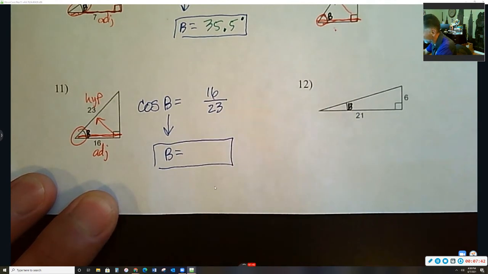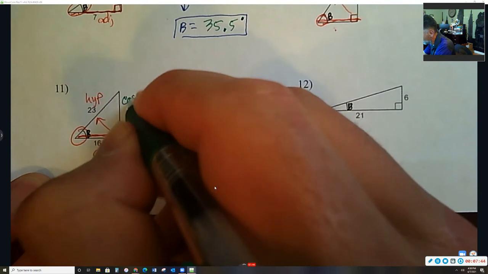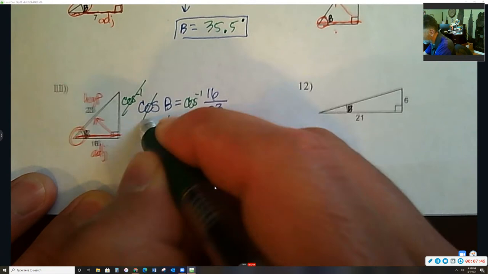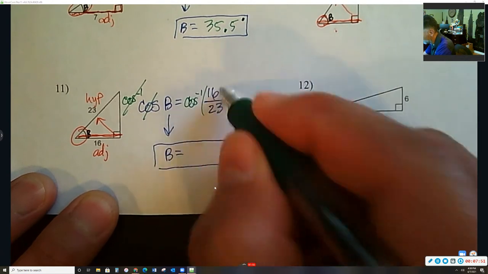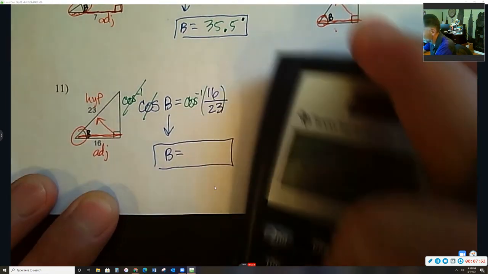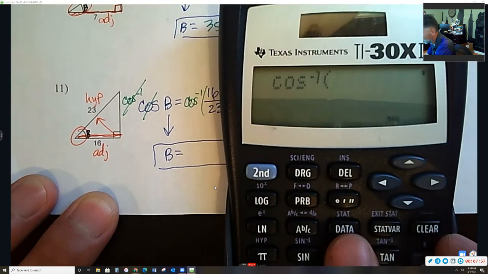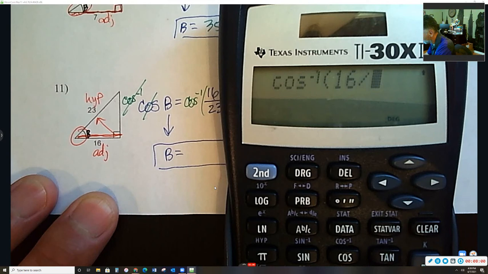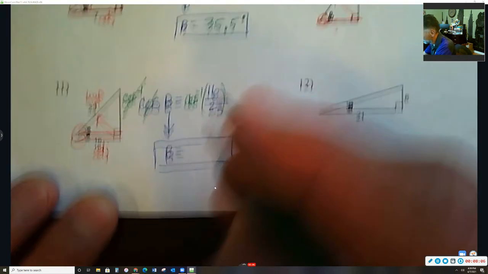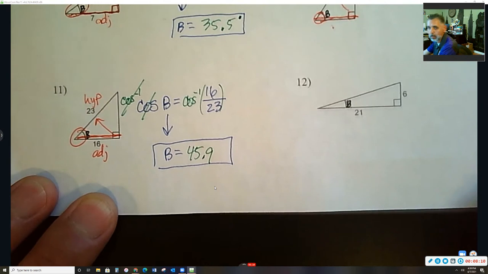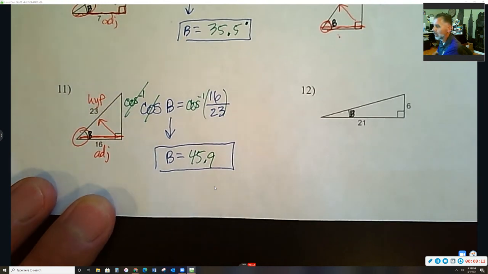The only way we're going to get B by itself is if we use the inverse of cosine. Cosine inverse, cosine cancel, B's there. Type cosine inverse into the calculator. Let's see if you guys can see that. Cosine inverse, 16 divided by 23. 45.9.